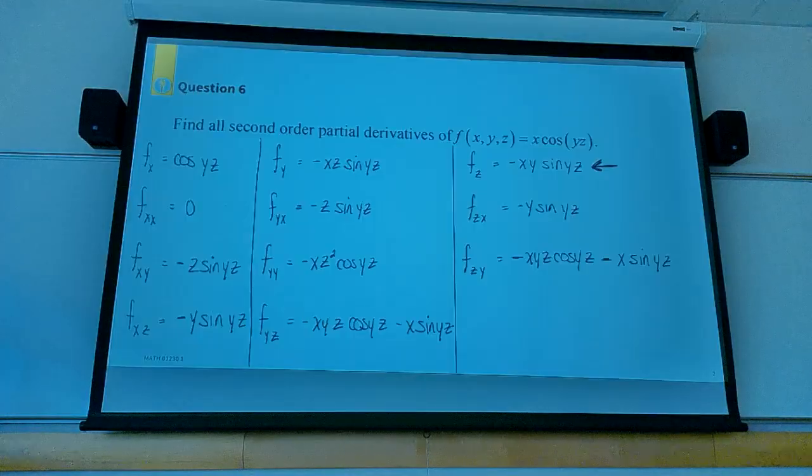Remember, that is a product rule. Now, what is that partial with respect to z? Negative x y squared cosine yz.